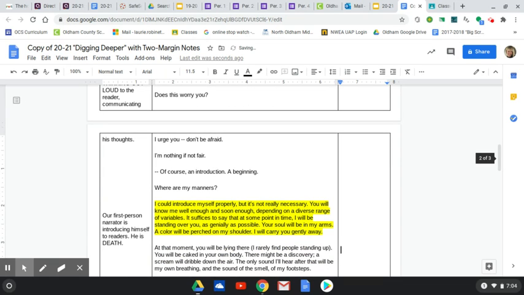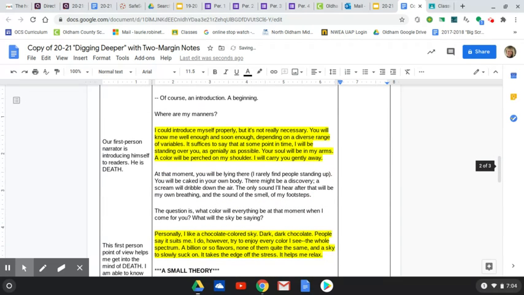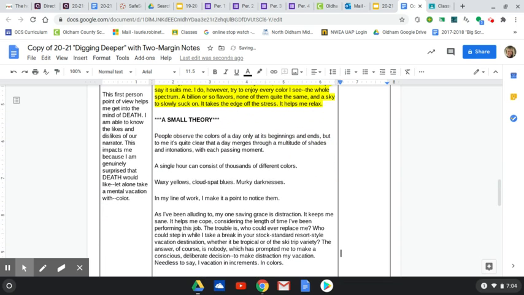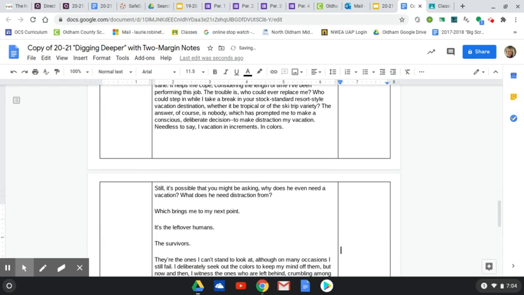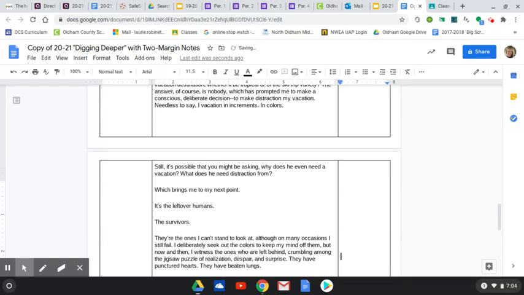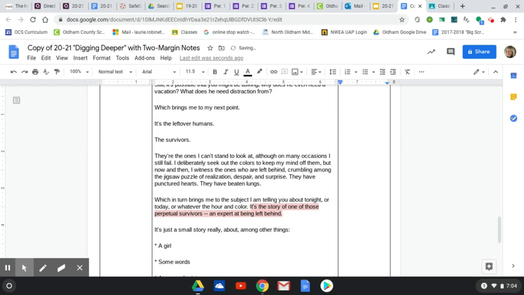I think this is a really good passage because while Death is really clearly in all of these different lines telling us what he is like and what he's about, and I could pull any of those, I like this line because of the key words, one of those perpetual survivors and experts at being left behind.